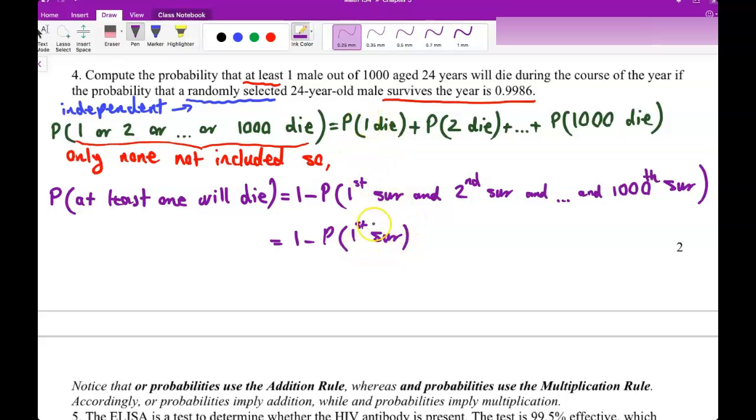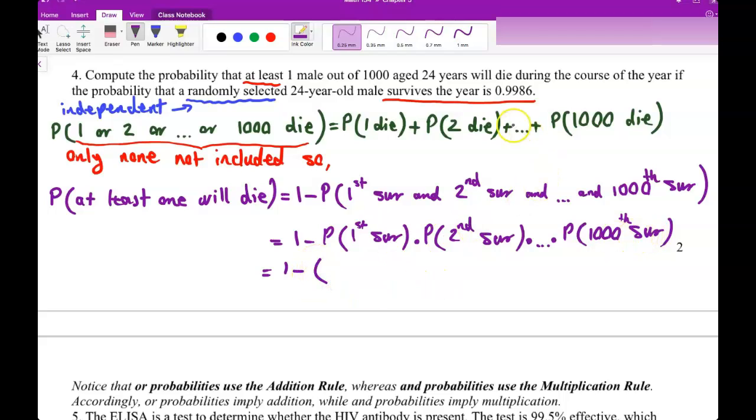So that is equal to 1 minus the probability of the first one surviving, and in between we have "and," so we have multiplication. Multiply, and I can use a power instead.